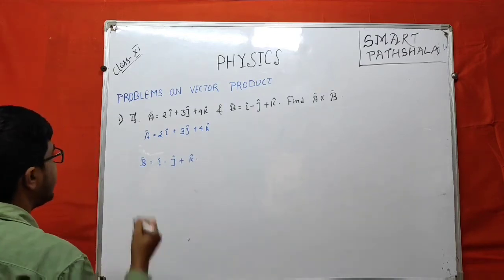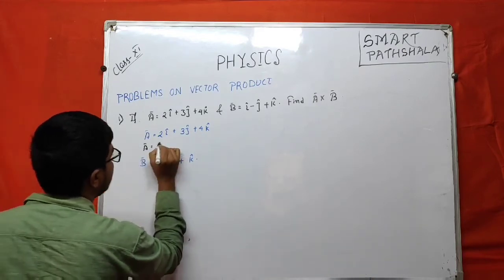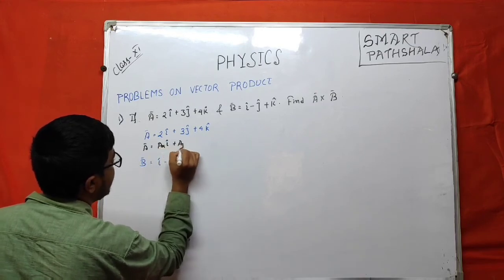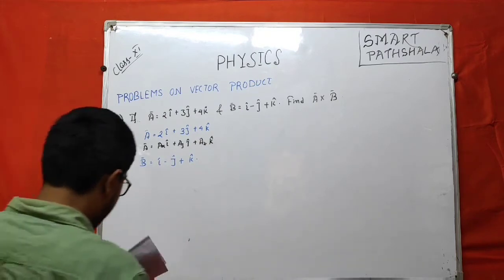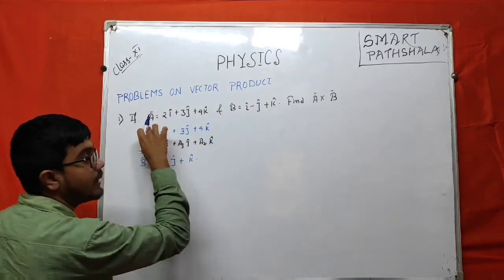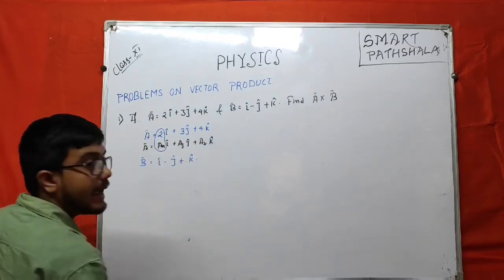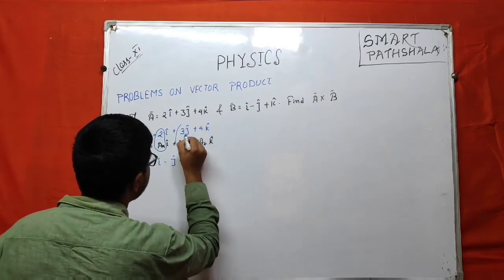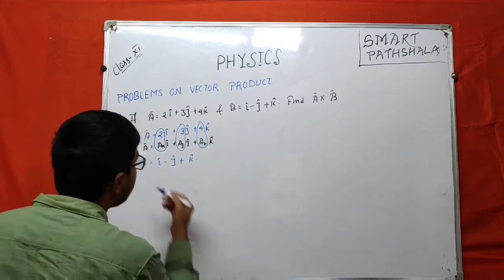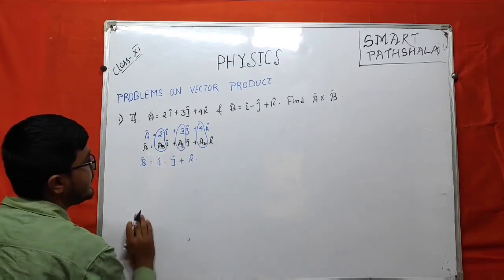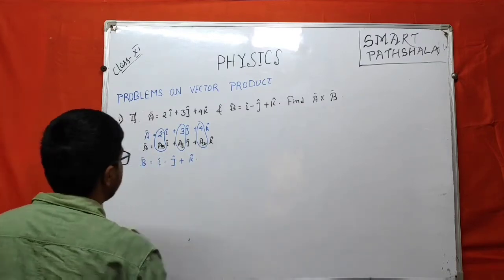You just notice that what we have written just before is that A vector is equal to AX I cap plus AY j cap plus AZ k cap. Now try to find the similarities between these two parts. That means AX equal to 2, AY is equal to 3 and AZ equal to 4.